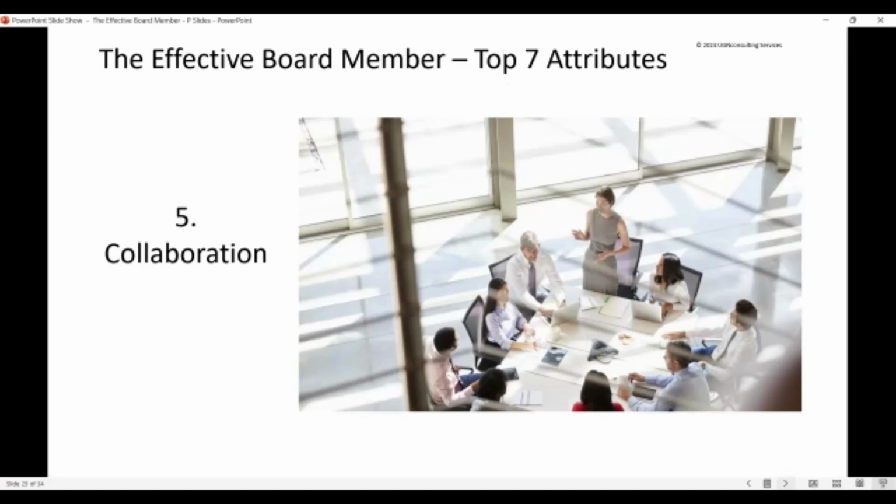Like if you remember our definition, we said that the board is to jointly provide corporate governance. It's not an individual show. It's jointly. Collaboration is required. You need to know and understand and build yourself to be a team member, not a one-man show.